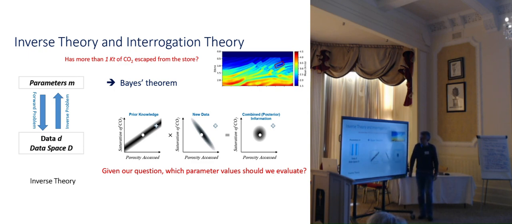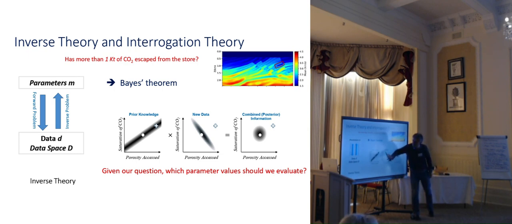We then get some new data like this image, and we find that actually the data is really only sensitive to the bulk volume of CO2 that's changed. And so that means we can have more porosity accessed, but then the saturation must have gone down, or vice versa. It may actually all be concentrated with a high saturation in a small volume. And so the data tells us this. And so the combination in Bayes' rule is what gives us much tighter constraints.